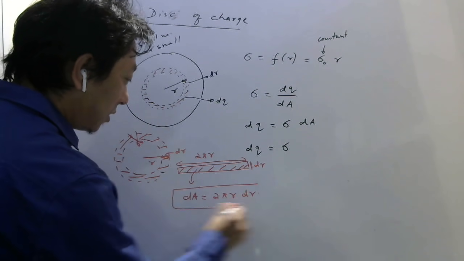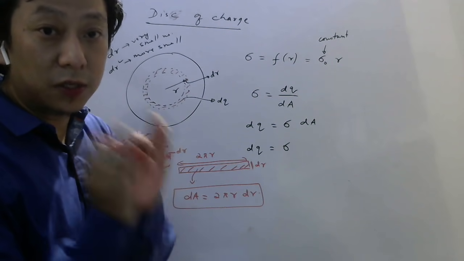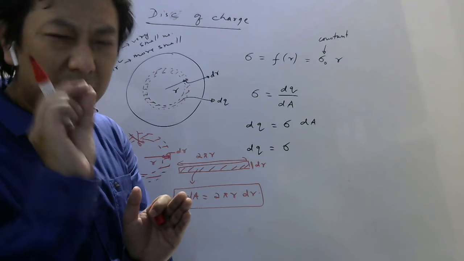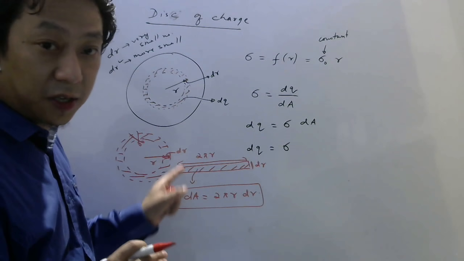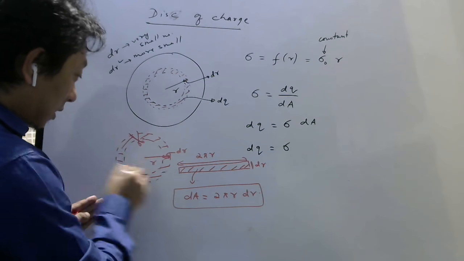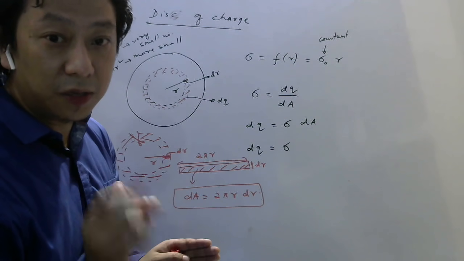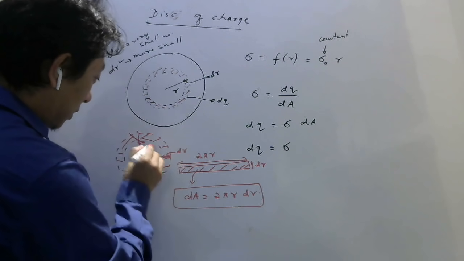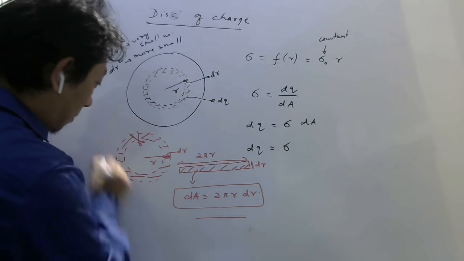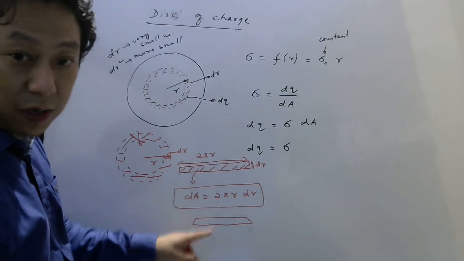So please students, try to memorize this result. For the area of a ring whose radius is r and thickness is extremely small, dr, how will you write the area? The circumference into the thickness. Actually students, if you cut this and open it, this part will be a little shorter and this part a little longer, so the shape will look like this, I know.